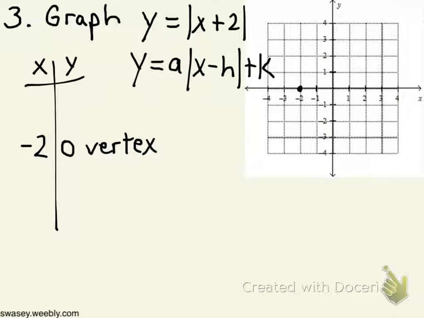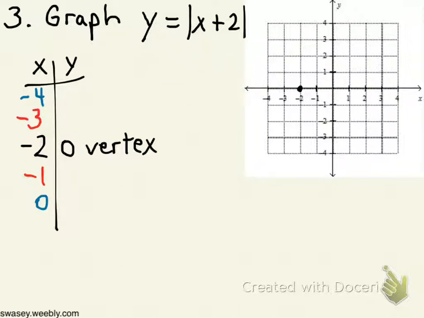We'll put some x values to the left of -2, like -3 and -4. And then we'll go to the right of -2, -1, and 0. So again, the h, notice where it is. It's inside of parentheses, and it's the opposite of what we'd expect. And then the k is what we see out there, or what we'd expect.